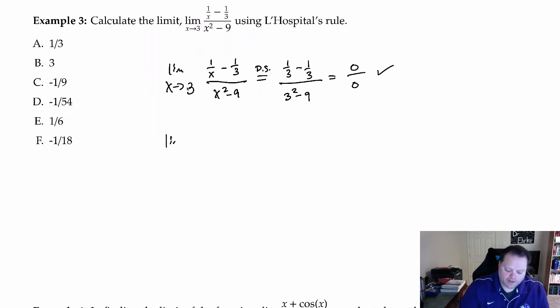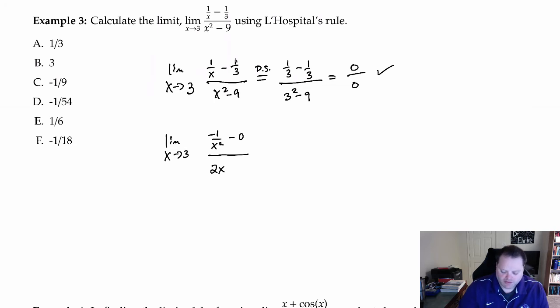Now, apply L'Hopital's rule. I'm going to take the derivative of the top. The derivative of 1 over x is minus 1 over x squared. The derivative of negative 1/3 is a constant, so that is 0. In the bottom, the derivative of x squared is 2x.